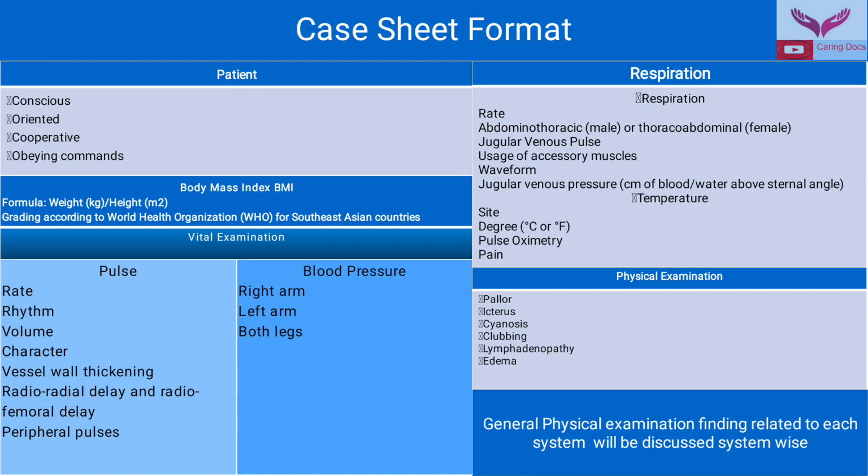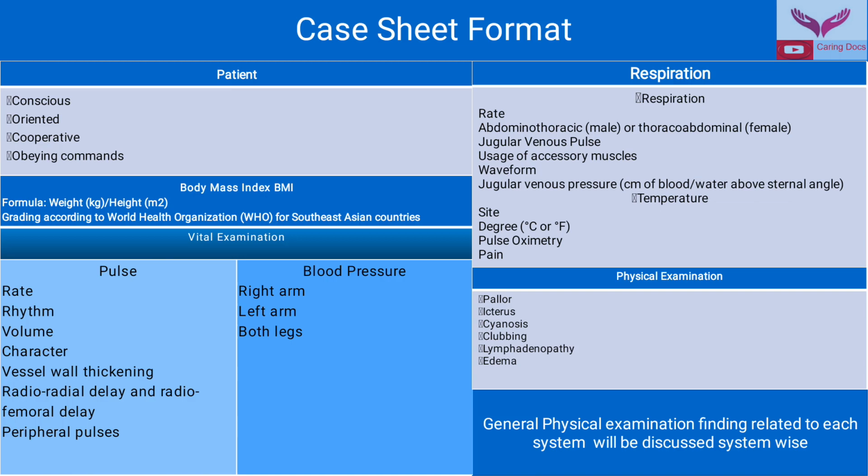Body mass index is weight in kg divided by height in meter square, and then grade it according to World Health Organization guidelines. Coming to vital examination, whenever we check the pulse, we calculate its rate, rhythm, volume, character, vessel wall thickening, radio-radial delay and radio-femoral delay, peripheral pulses.